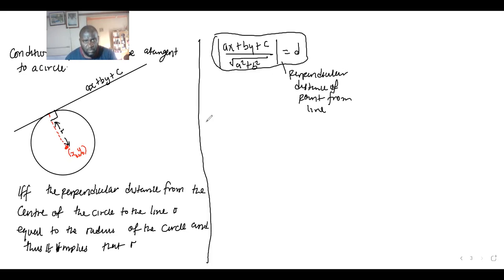So after that review, the distance we are looking for is the radius. The perpendicular distance, the radius, will be the magnitude of A times the center coordinates plus B plus C, divided by the square root of A squared plus B squared.